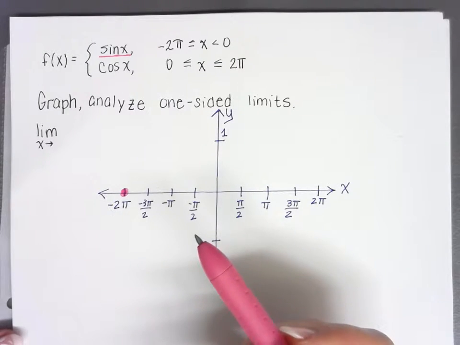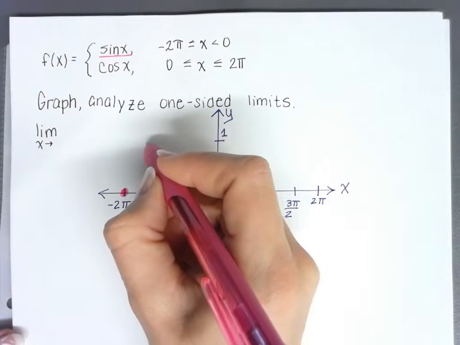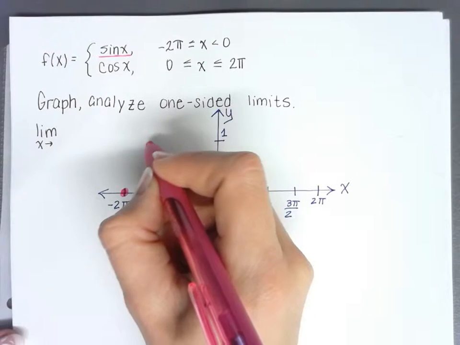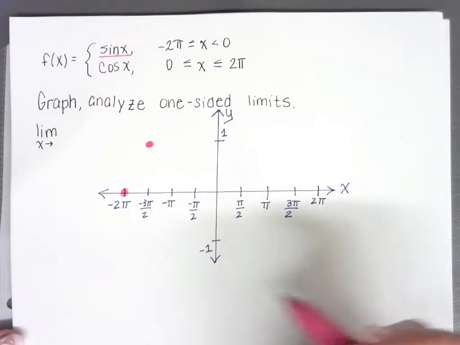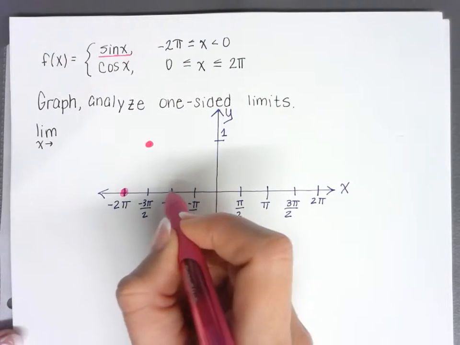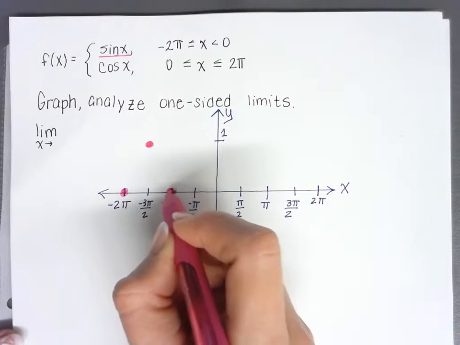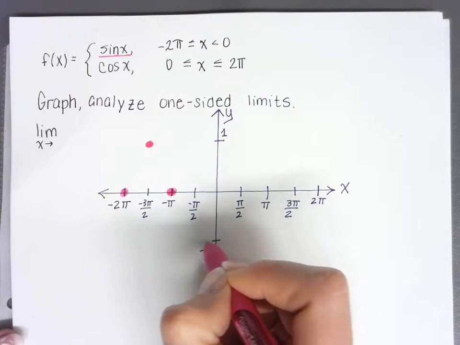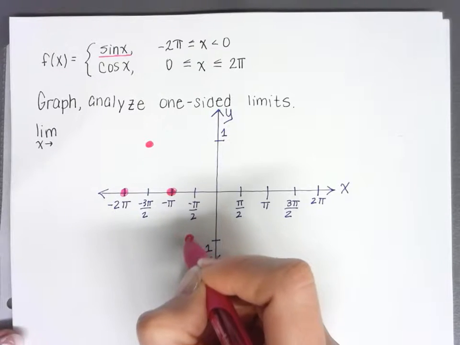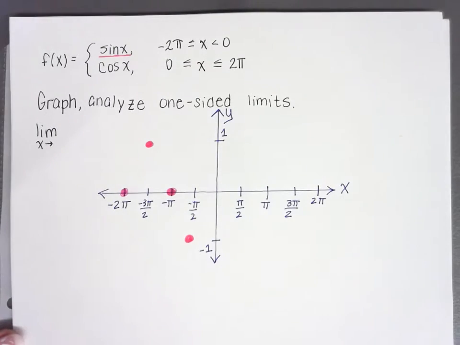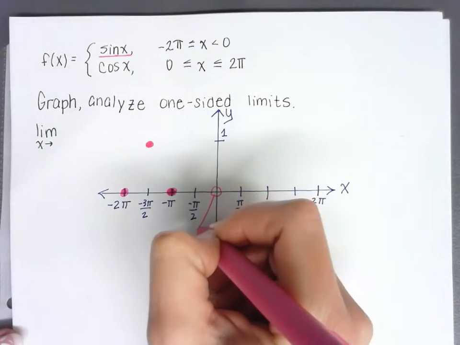The output is 1. Obviously this is not drawn to scale, but we stretch it so we can see things the way we'd like. Then at negative pi it's 0, and at negative pi over 2, negative 1. And at the x value of 0, we get an open point at 0.